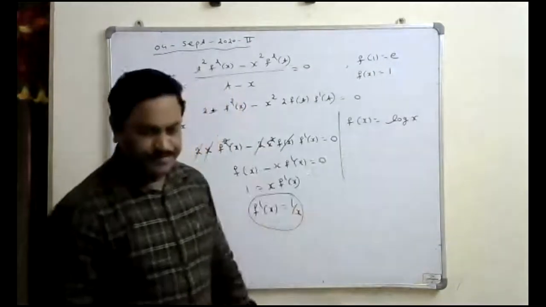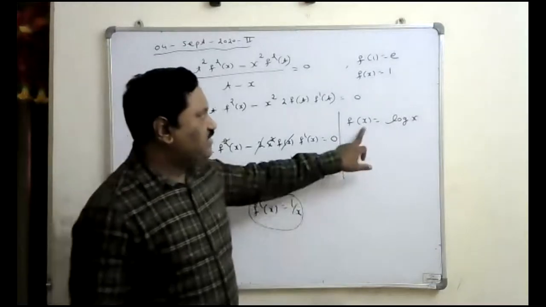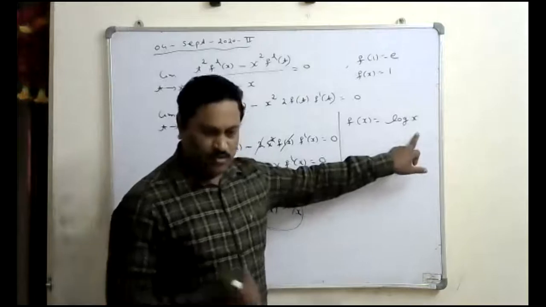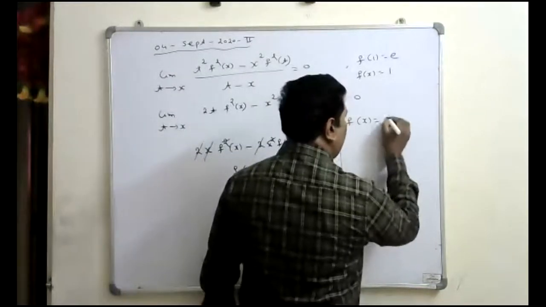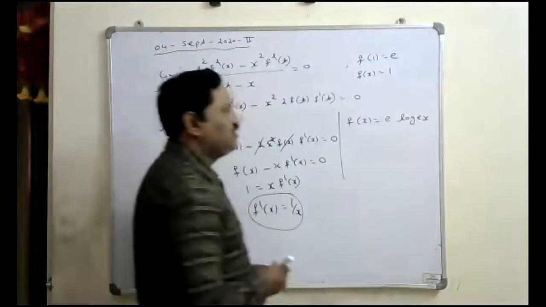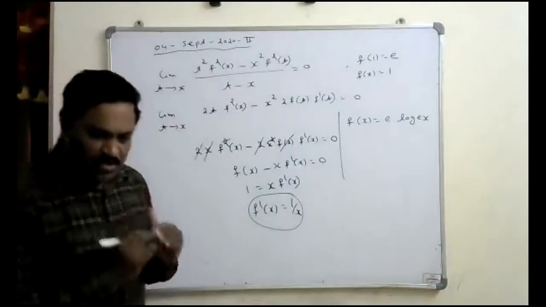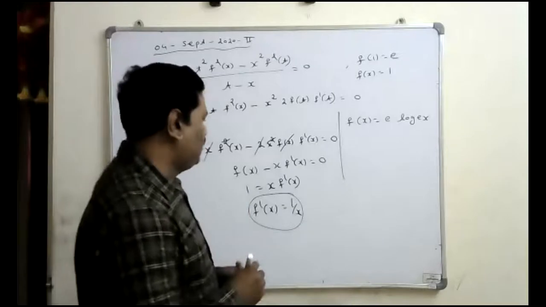Is it satisfying? If I substitute x equal to 1, log 1 gives 0. That's why I can take f of x equal to e into log x. Suppose I take f of x equal to log e, f of 1 is equal to e.